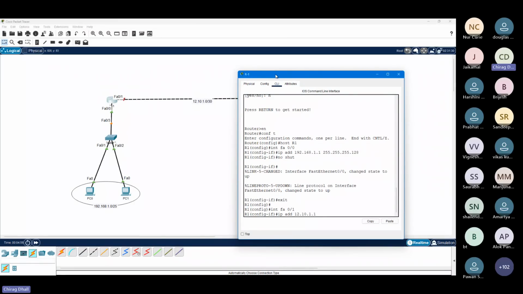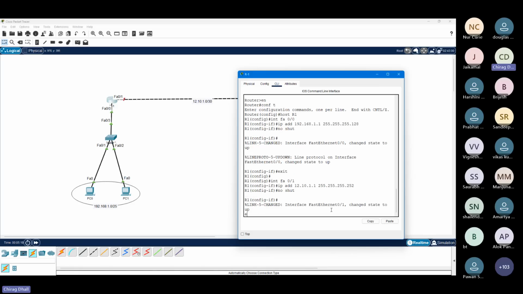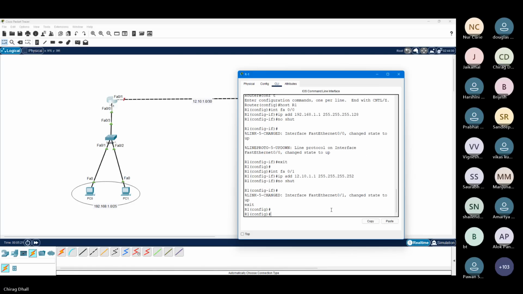What should be the subnet mask for /30? 255.255.255.252. No shutdown, exit. Then I need to create a DHCP pool for my LAN network.